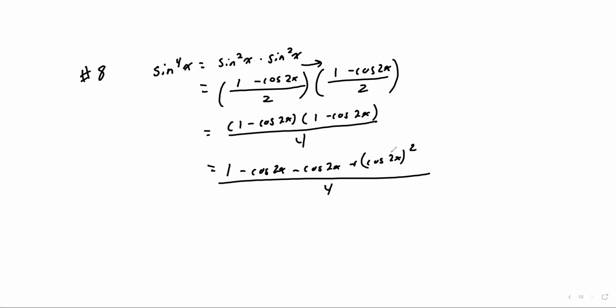Now I need this to be a single power using sine, or using cosine. So I can rewrite this as 1 minus 2 cosine of 2x plus, let's see if we can make this look a little bit cleaner.